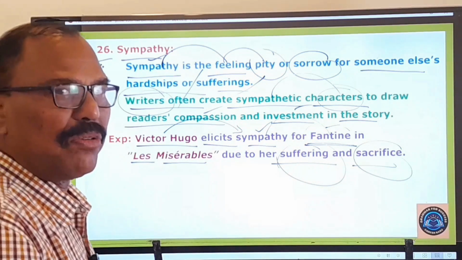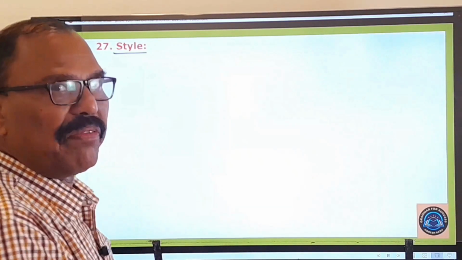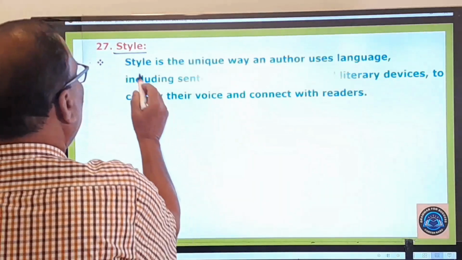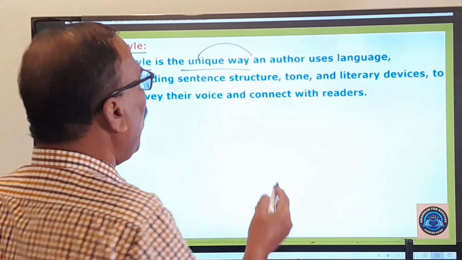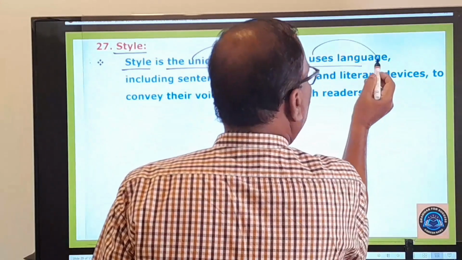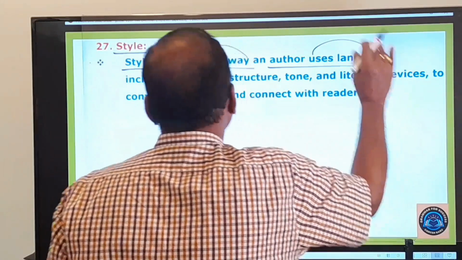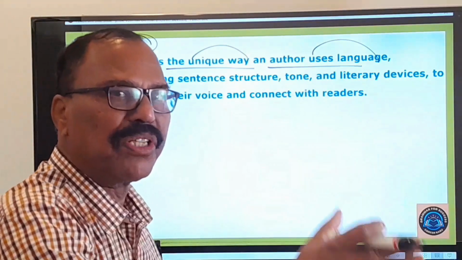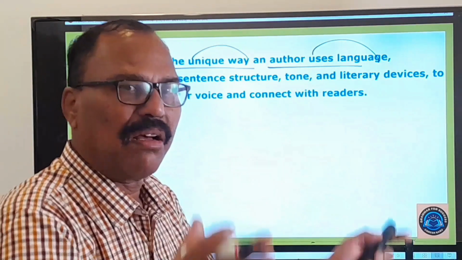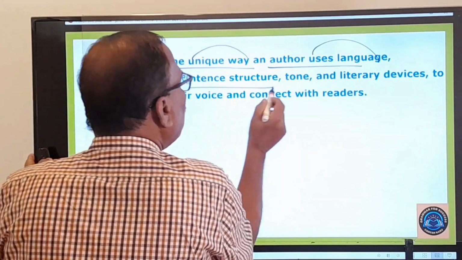Now let's move on to learn about other literary devices. Style is there. All of you know very well about this. What is style? Style is the unique, very special way an author uses language. So the special way of using the language in that work of literature is called style, including sentence structures.